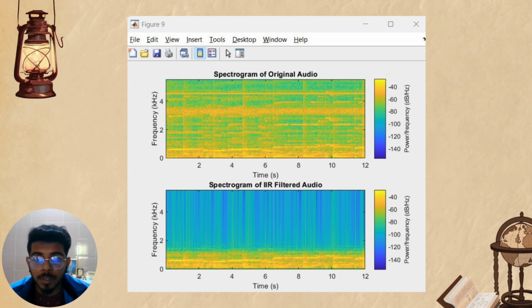And then the spectrogram of the filtered audio shows a significant reduction in the noise energy, particularly in the higher frequencies. The lower frequency components are preserved, indicating successful noise suppression by the IIR filter.